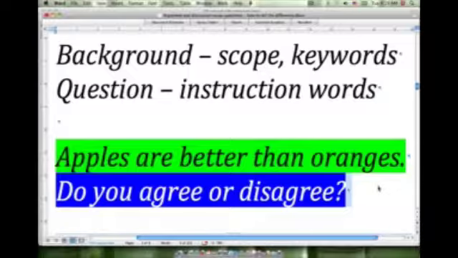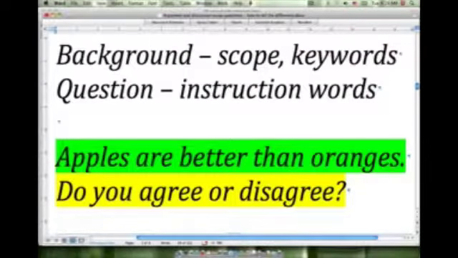Now the question is, what is actually telling us how to respond? So basically, it's this question portion, the second portion of the entire task, that is telling us how to respond, whether we're going to respond in an argument essay style or whether we're going to respond in a discussion essay style. The top portion here, apples are better than oranges, doesn't really tell us to do anything.